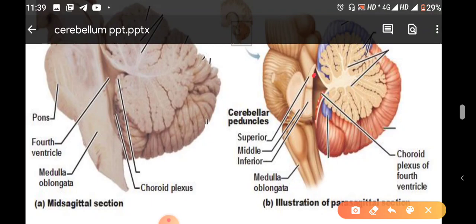Here is the middle cerebellar peduncle and this one is the inferior cerebellar peduncle. So through these cerebellar peduncles the afferents and the efferents go to and come from the cerebellum. This is the medulla oblongata. You can see this is the fourth ventricle in which the choroid plexus is present, which secretes the cerebrospinal fluid.